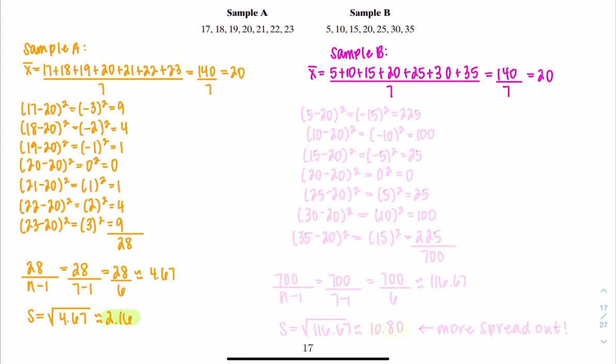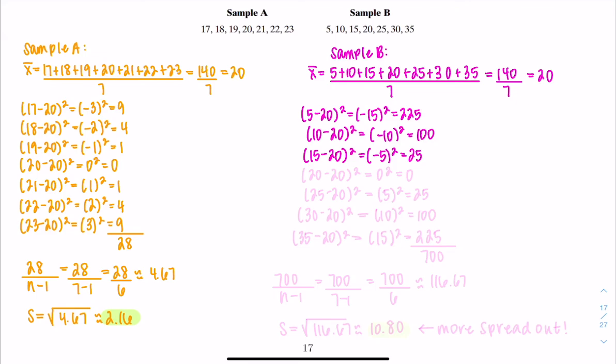And then we're going to take each piece of data and subtract the mean off of it and square it. So 5 minus 20 squared gives me negative 15 squared. That's 225. We've got 10 minus 20 squared, which is negative 10 squared, or 100. We got 15 minus 20 squared. That's negative 5 squared, or positive 25.